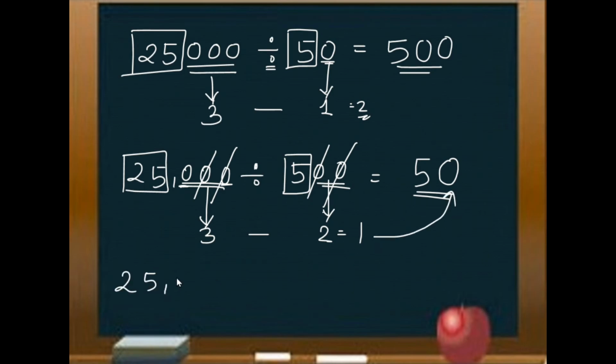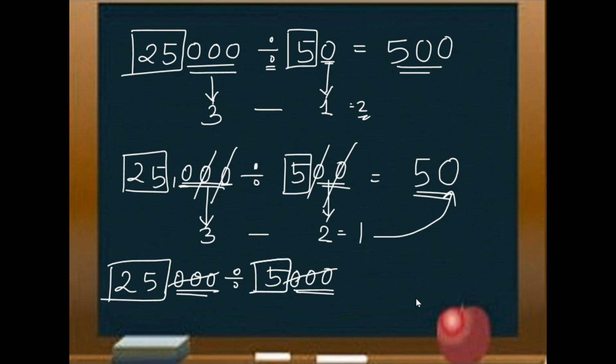If you have 25,000 divided by 5,000, here you have 3 zeros, here also you have 3 zeros. If you cross out all the 3 zeros with the 3 zeros in 25,000, you are just left with 25 divided by 5, which is nothing but 5.